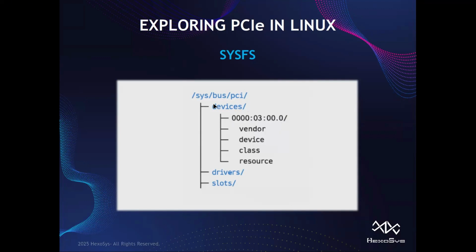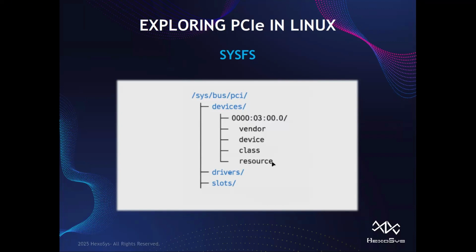In this pseudo file system, inside each device folder, you have some files, for example vendor and device. By reading these files, you can read part of the configuration space, as I mentioned earlier. For example, vendor ID and device ID are part of the configuration space, and you can read them from this interface.